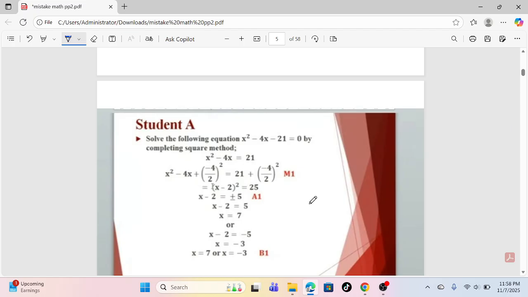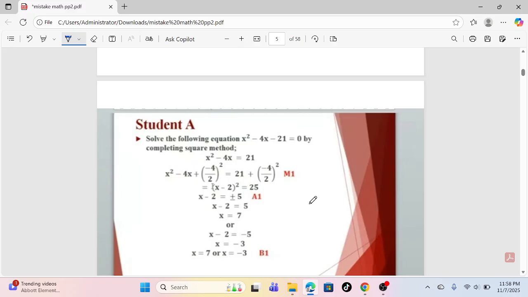Also simultaneous equation. For a quadratic equation, there are several ways of solving. Number 1, method of completing the square, factorization, and the use of the formula. Also, for simultaneous equations, there are several methods: the matrix method, the substitution, and the elimination method.